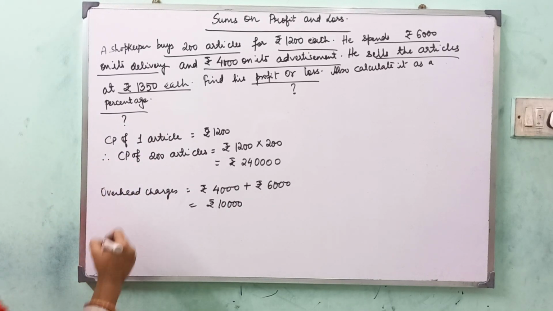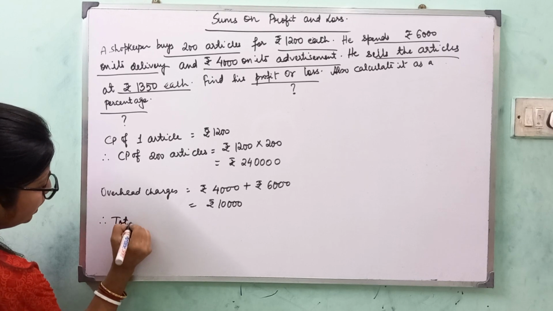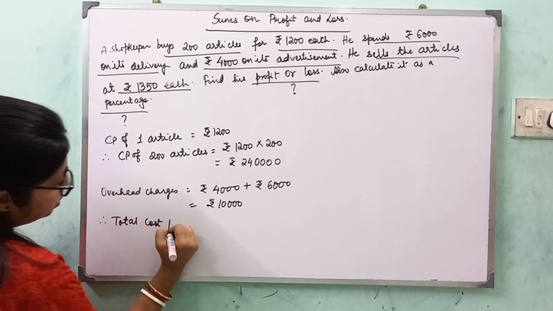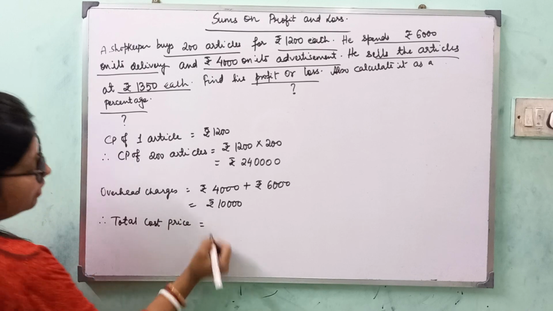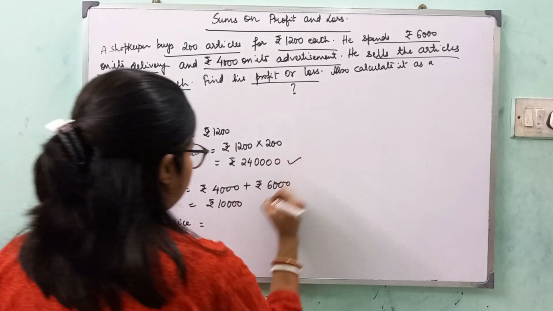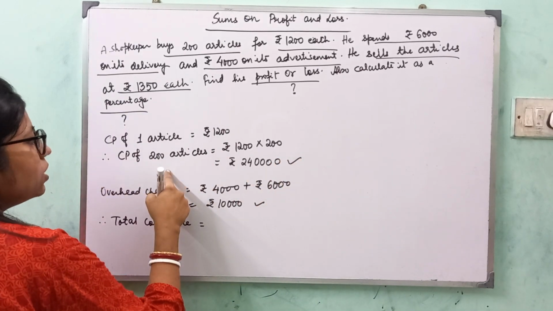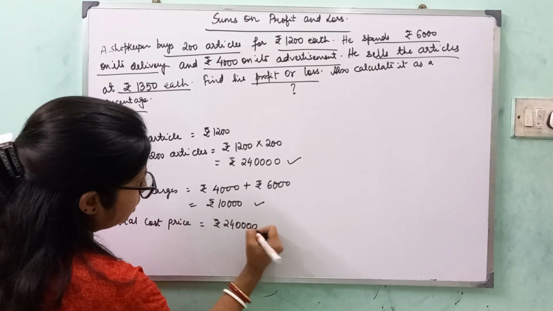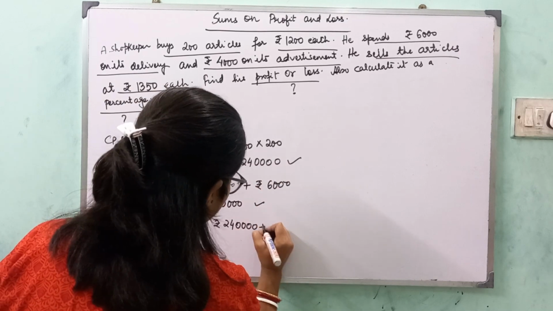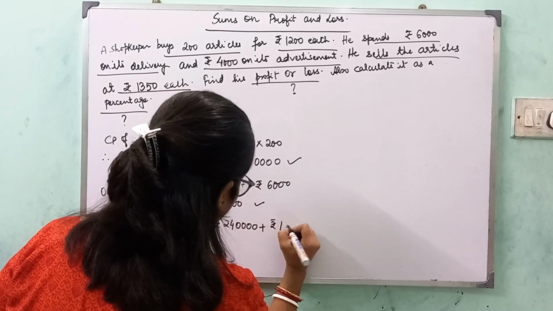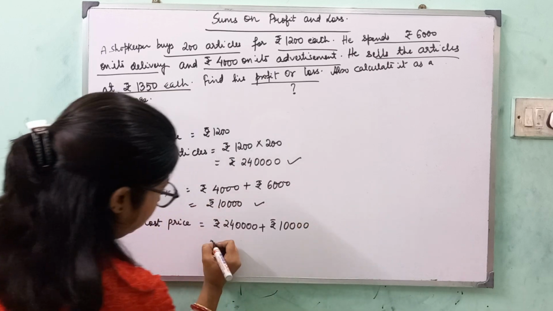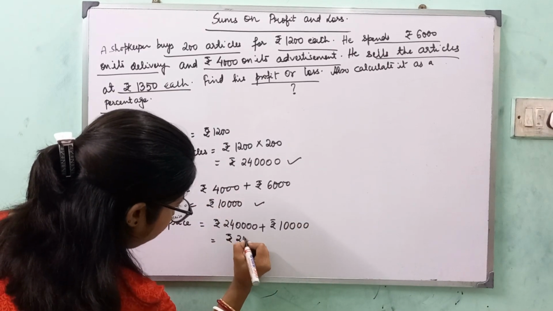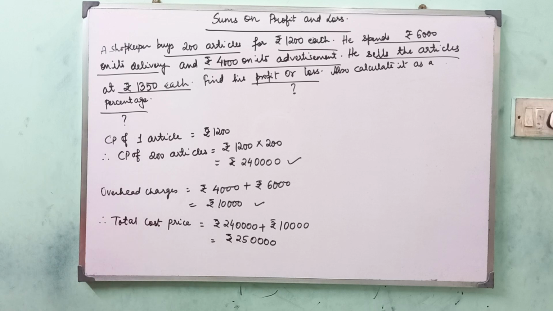Okay. So therefore total cost price will be equal to this plus this, that is the original cost price. So this is the total cost price.